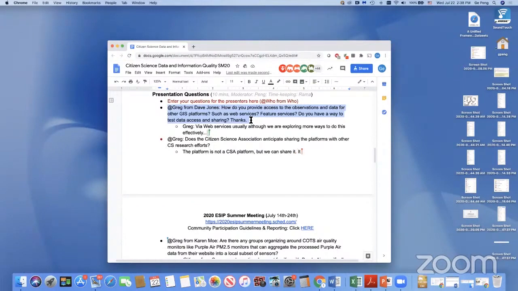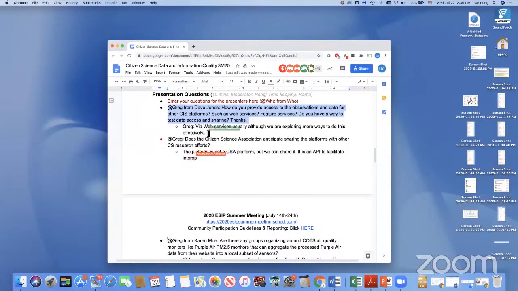Do you have a way to test data access and sharing? Thanks. And Craig has replied, web services usually, although we are exploring more ways to do this effectively.